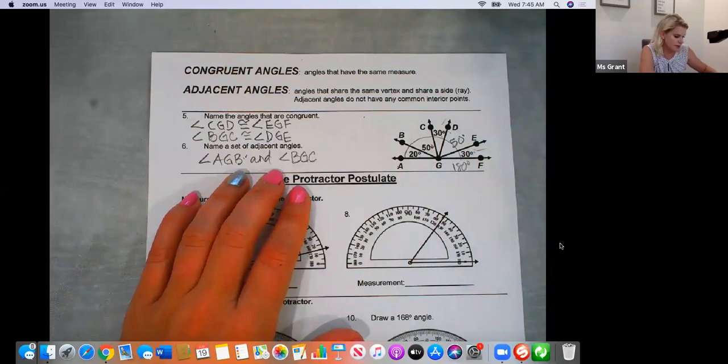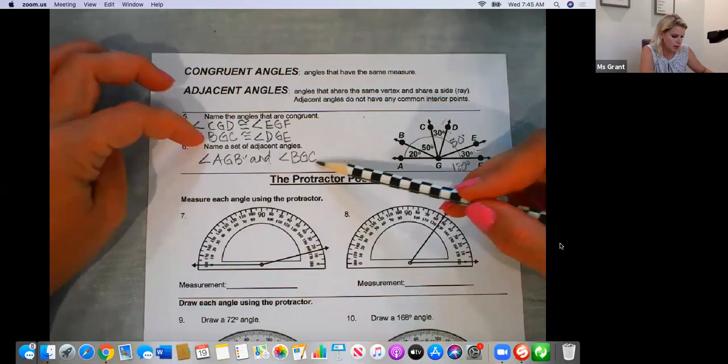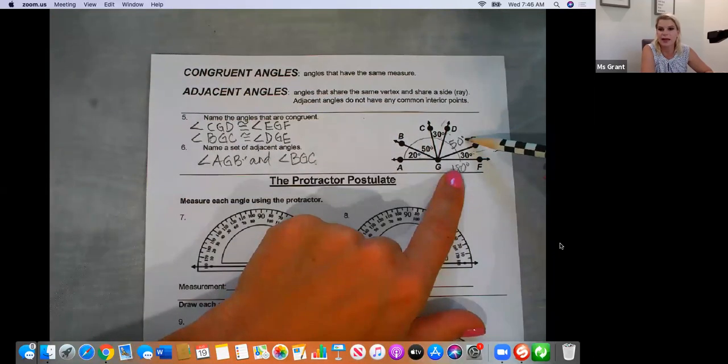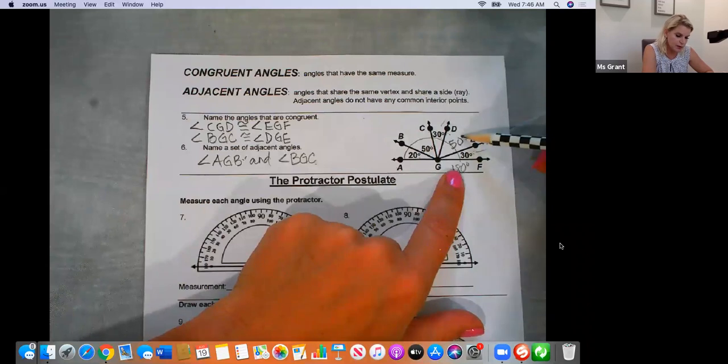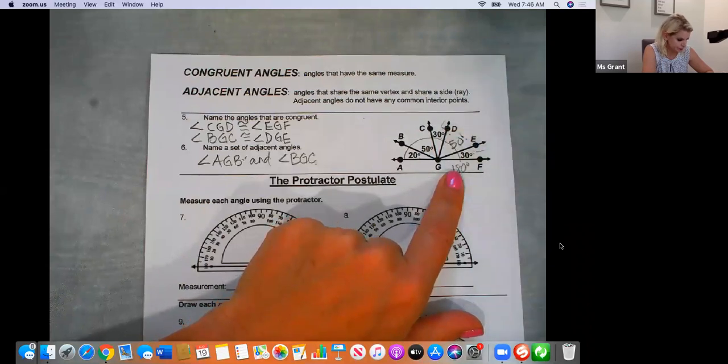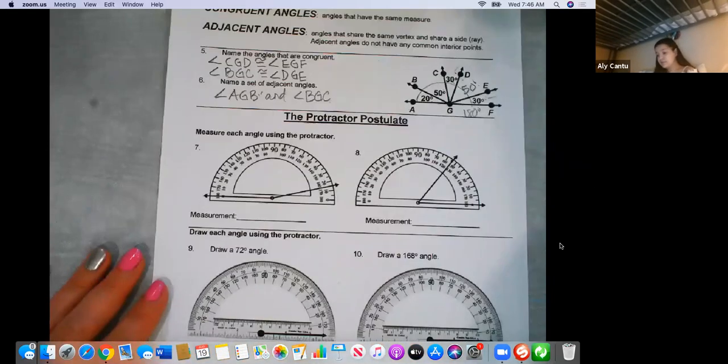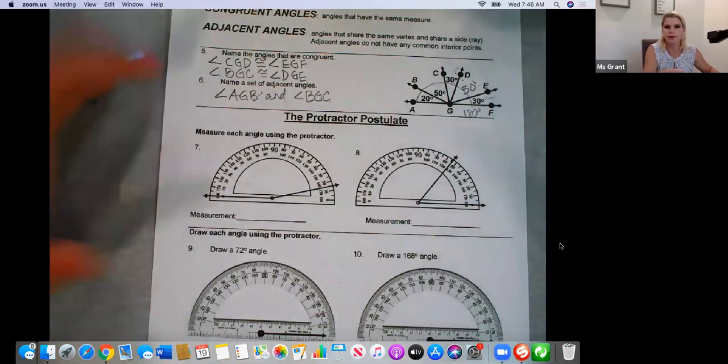So it's a coincidence that they're both listed on here. But adjacent means side by side. So I could have picked this angle and this angle, or this one and this one. So you could have picked CGD and DGE? I could have, yeah. It was personal choice, whatever you felt like picking.